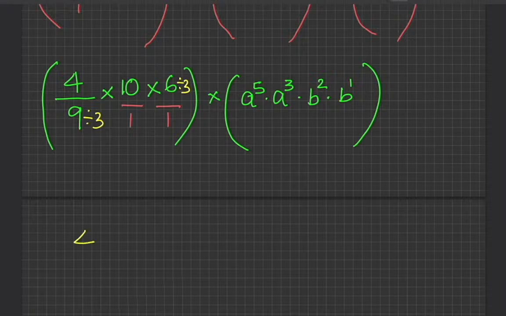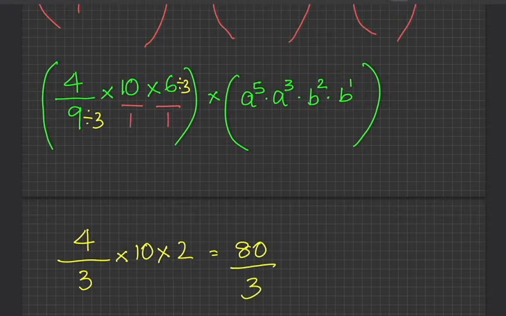So 4 by 3, 9 divided by 3 is 3, times 10 times 2. So 4 times 10 is 40, 40 times 2 is 80.